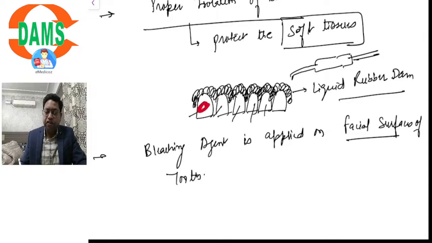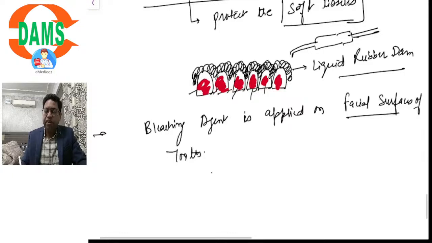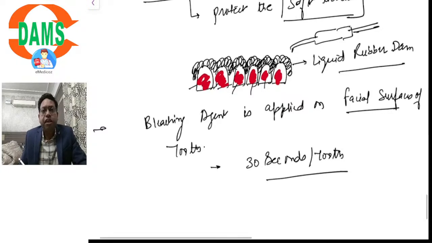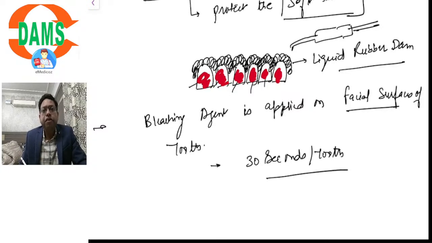Suppose this is the bleaching agent that would be applied onto the facial surfaces of the teeth. And usually it is kept for 30 seconds per tooth. We can engage multiple teeth at a time, or we can do one tooth at a time, whatever is the convenience.